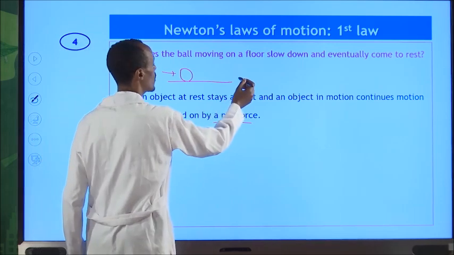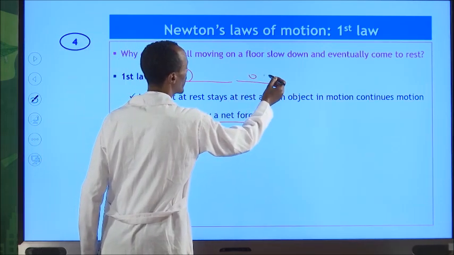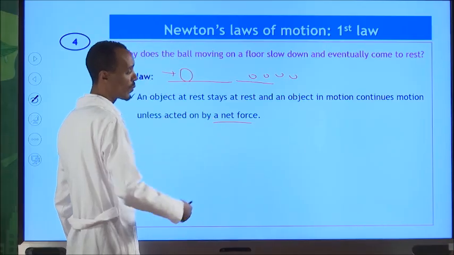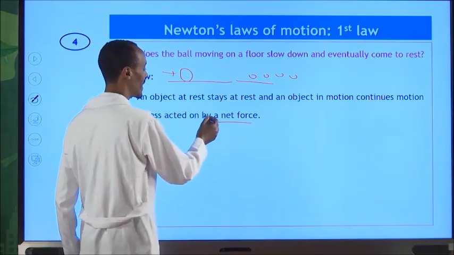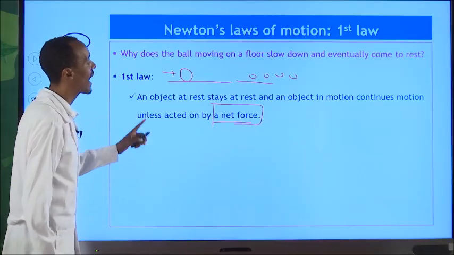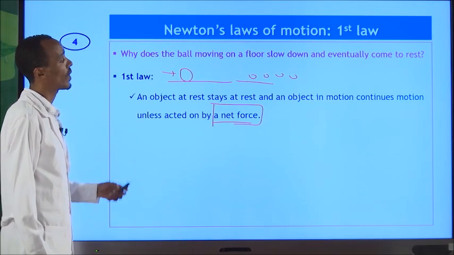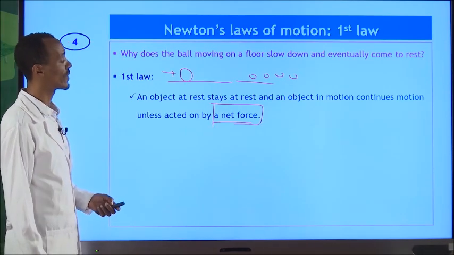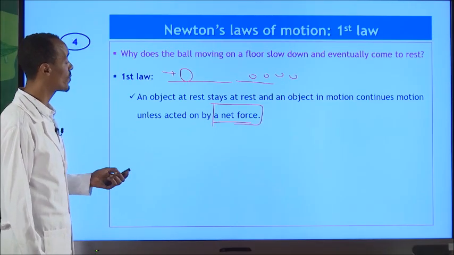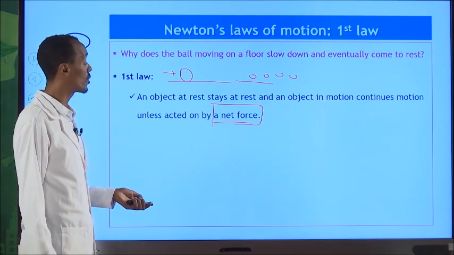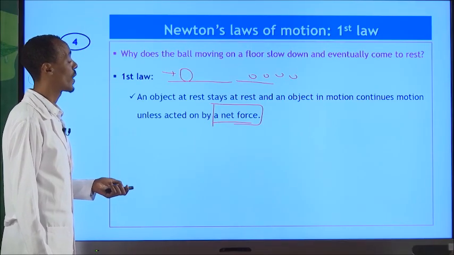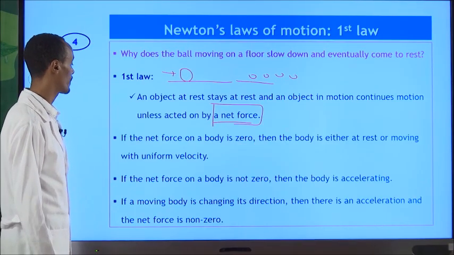Or when the ball is moving on this line, it will continue moving with the same velocity unless a net force is acting on it. This is how we understand Newton's first law of motion. So it's the law of inertia, and for the object to change its state of motion or state of rest, we need what we call the net force.